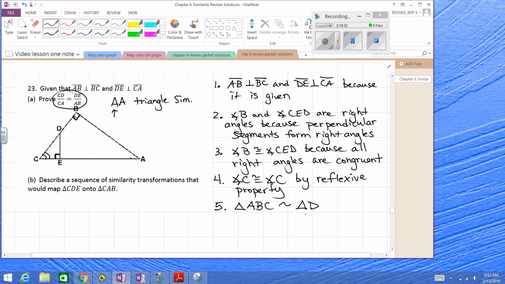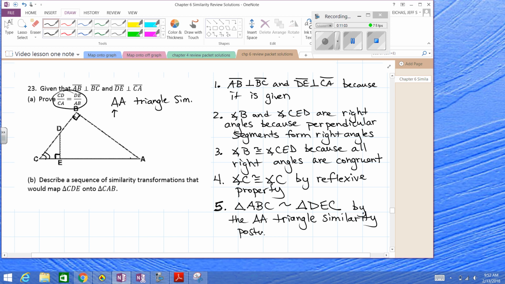I'm going to go D, right, and then E, because E has the right angle, so does B. C, of course, if you look, C has to go there, so that they're corresponding. Okay, so those are similar, and that's by the angle, angle triangle similarity postulate.